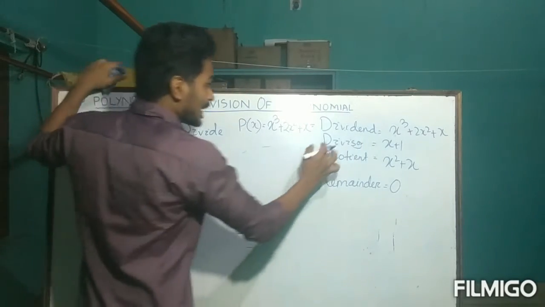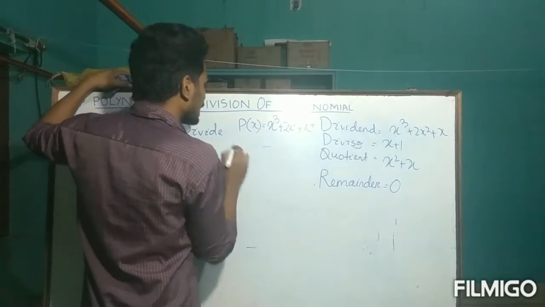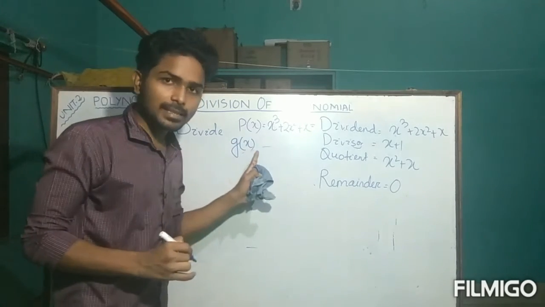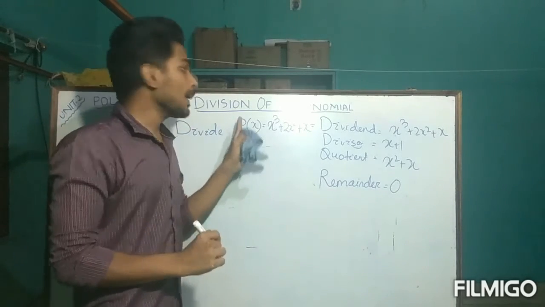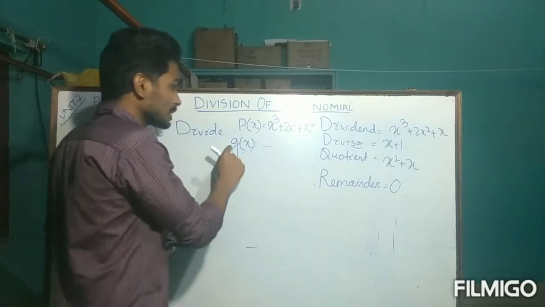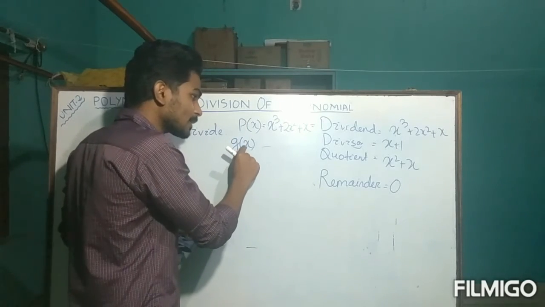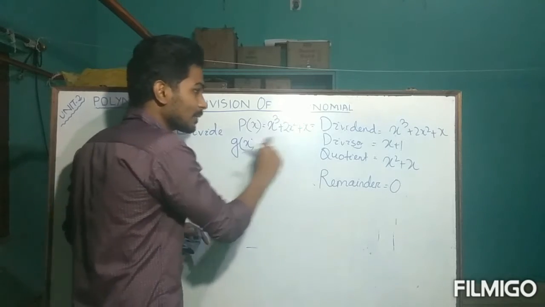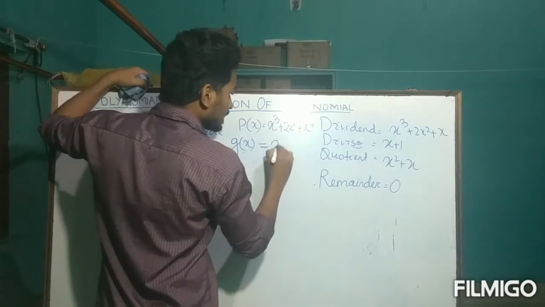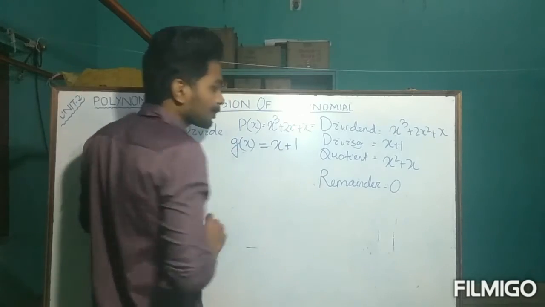We can say the divisor is also a polynomial, that's why we write it as g of x. P means polynomial, G means also polynomial. So G is a polynomial in terms of x, written for the divisor. So g of x is x plus 1.